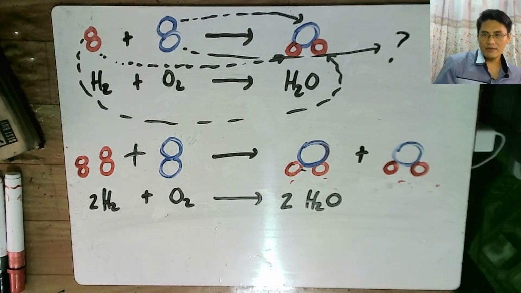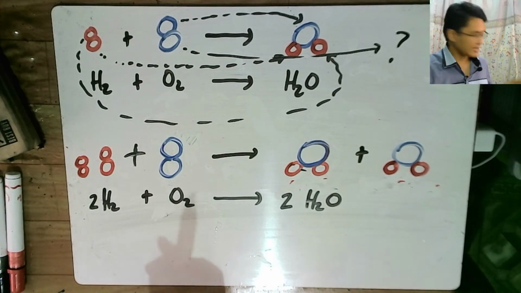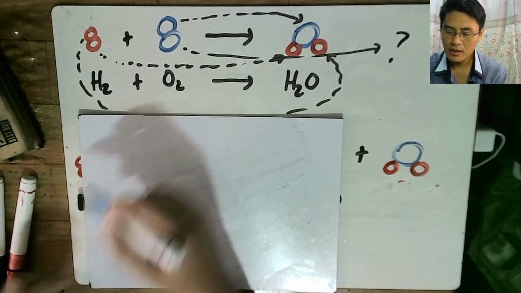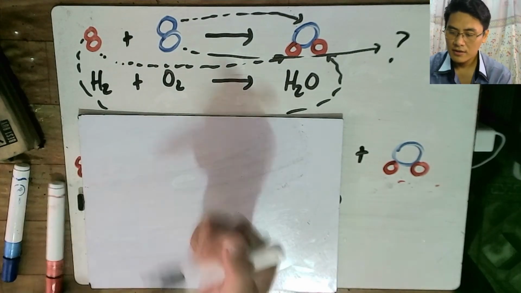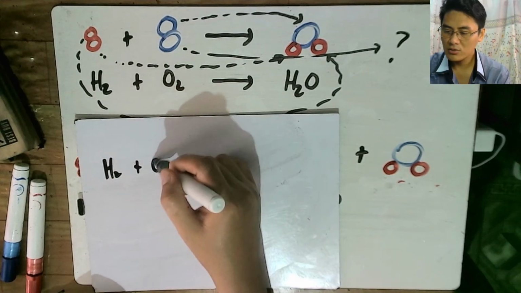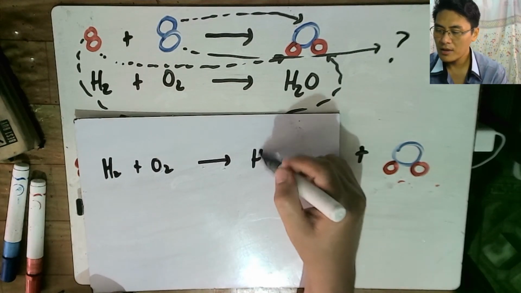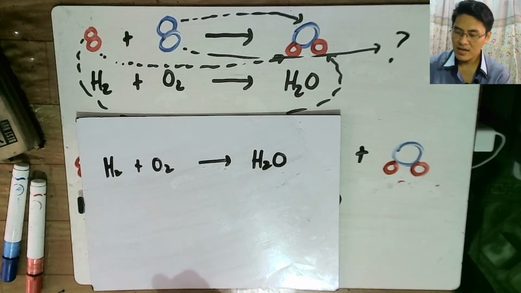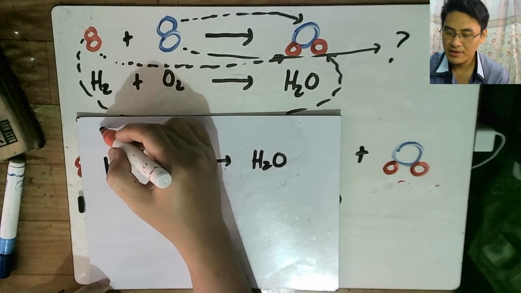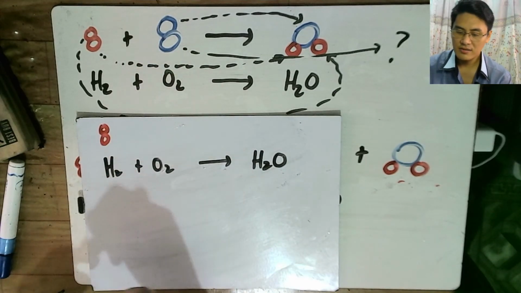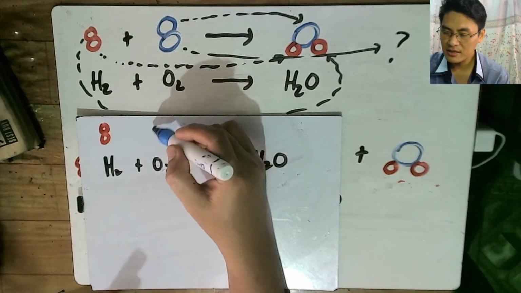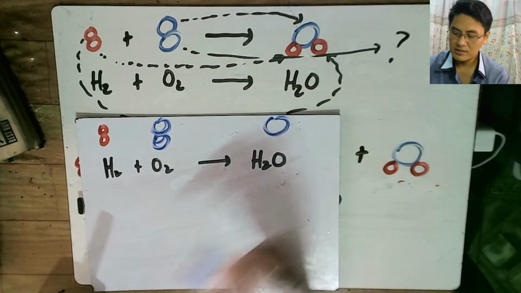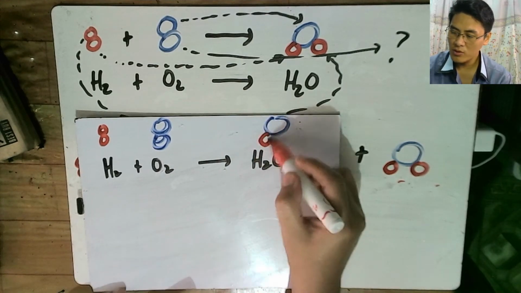Obviously, you could have cheated and said, wait a minute, sir. If I have this, which is H2 plus O2, and then forming water, it doesn't work out because, again, something is missing. Here, you have hydrogen gas. That's how we represent it. Oxygen gas, this is how we represent it. Then water is just this oxygen with 2 hydrogen.